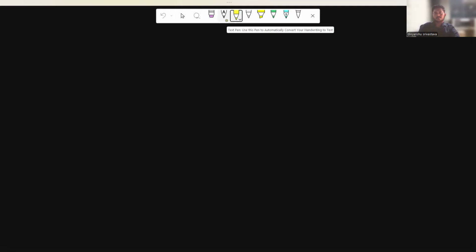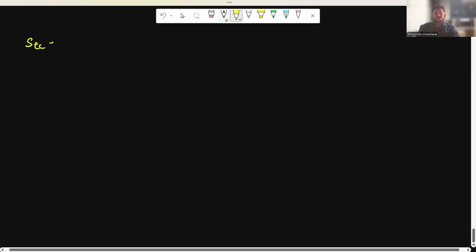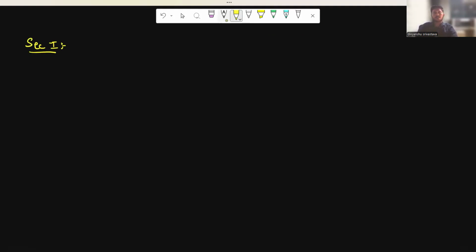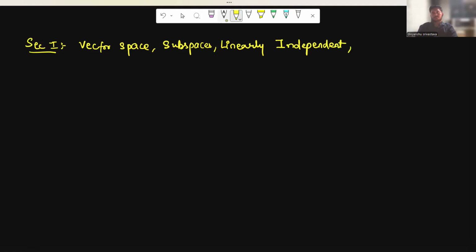In section one, we study one of the most important topics, that is vector space. Second thing is subspaces, then linearly independent and linearly dependent.